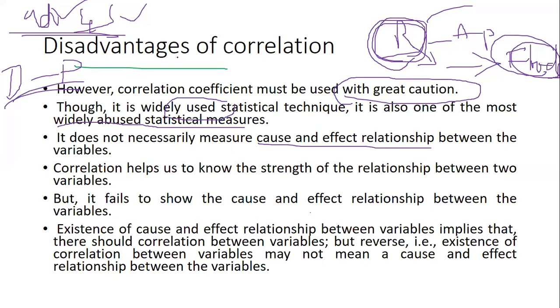Okay, next, correlation helps us to know the strength of relationship between the two variables. Sometimes if the strength of the variables is not good enough, then the correlation will not last for a long time. So the strength of the relationship, it will measure.